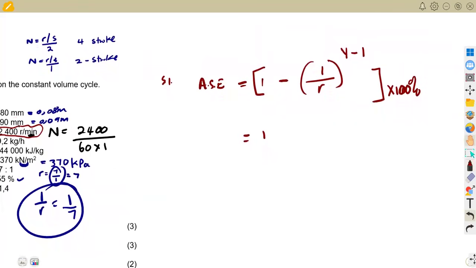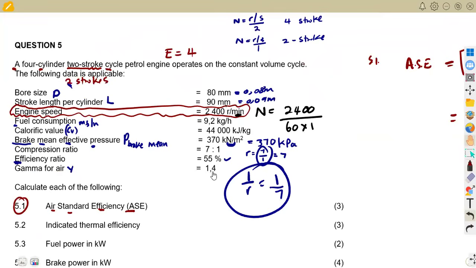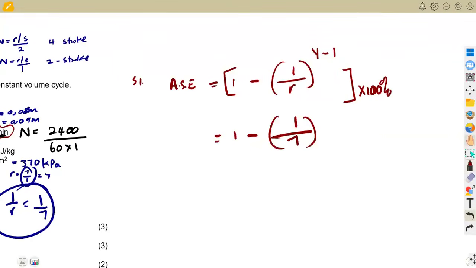So in this case, we simply substitute 1 minus 1 over R. We are given 7, so the reciprocal is 1 over 7, to the exponent of the gamma for air. The gamma for air is given as 1.4, minus 1. This whole part must be multiplied by 100% for a percentage.